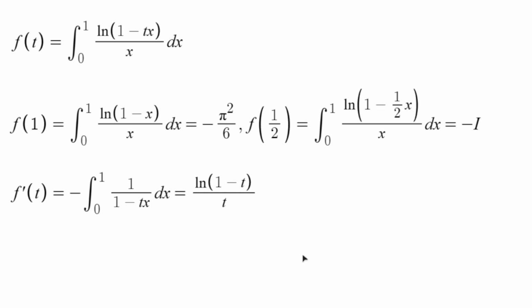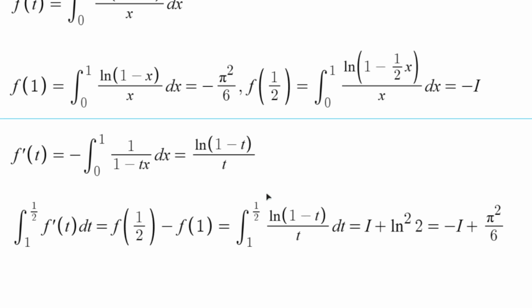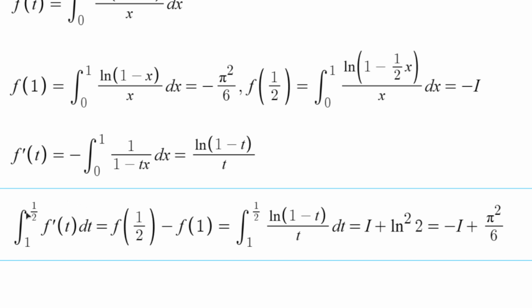All right, and now we're going to use the fundamental theorem of calculus. I believe it's part 2. Basically, if we're going to integrate f prime of t dt from 1 to 1 half, of course, that's going to be equal to f of our upper bound, 1 half, minus f at our lower bound, which is 1.